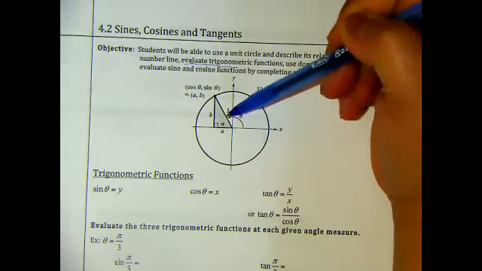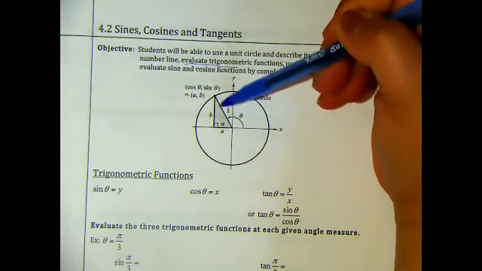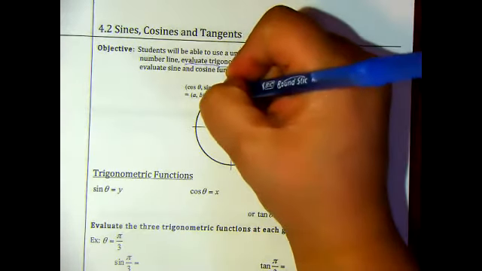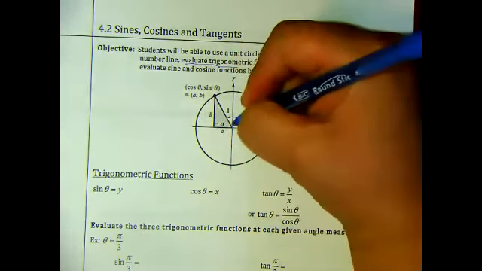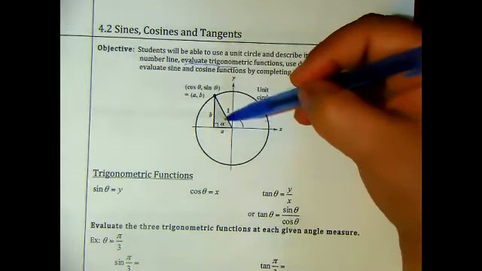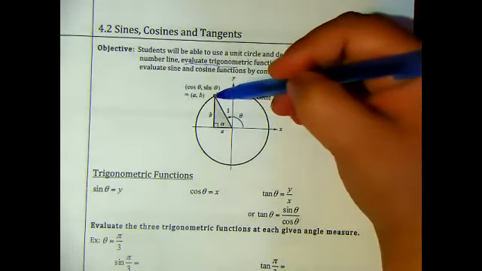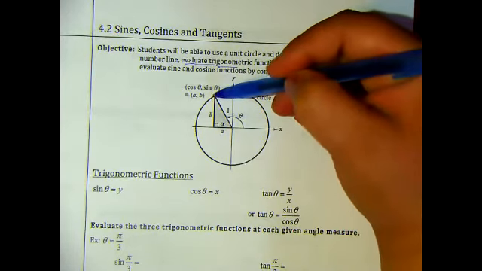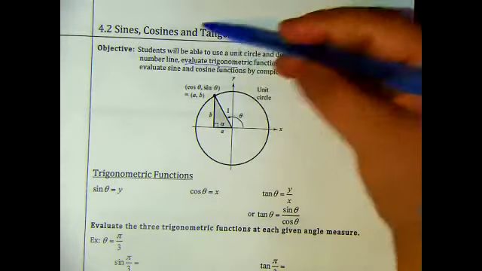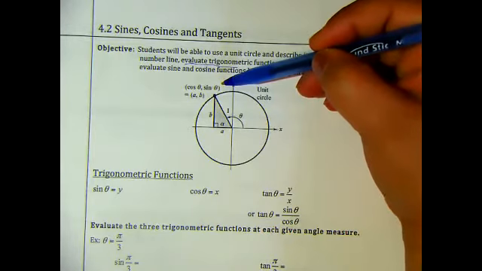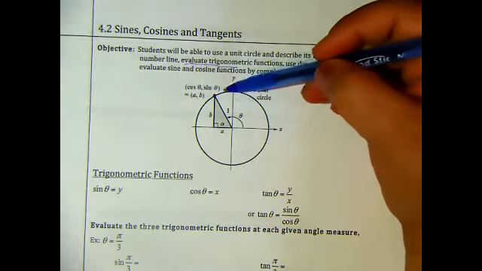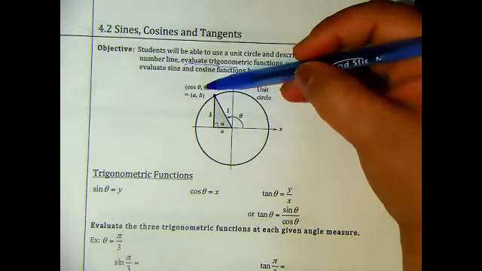Now, when we're given our theta, we're looking for sine and cosine using our theta. And usually, right up here, the radius, that's the terminal side of our angle theta, intersects our unit circle. That's where we get our point, which is x comma y. In algebra 2, we talked about the fact that cosine always represents the x value and sine always represents the y value.